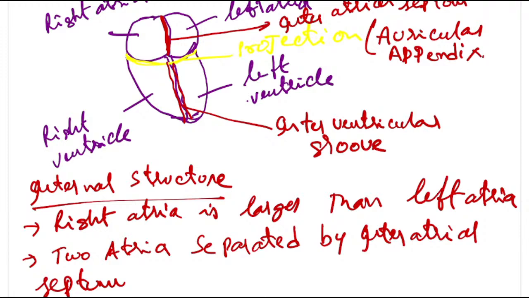In the interatrial septum there is a small pore called the foramen ovale.